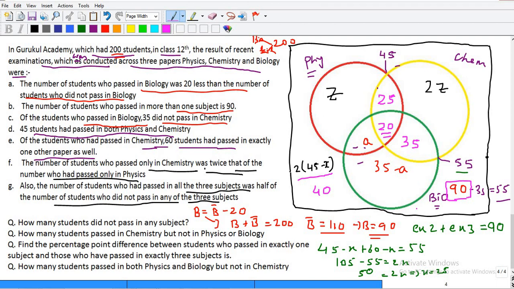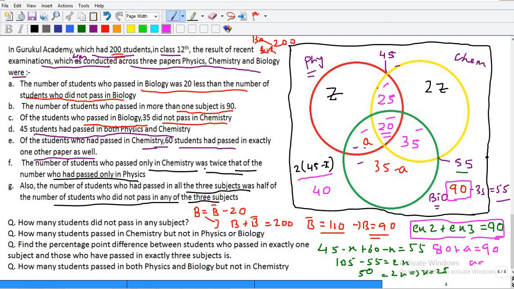Let's try something else. We also know that exactly 2 plus exactly 3 is equal to 90. This was one relation that we knew. So now exactly 2 is what all regions? I can say this one and this one, and this is exactly 3. So 35 plus 25 is 60, 60 plus 20 is 80, so 80 plus a is given to me as 90.